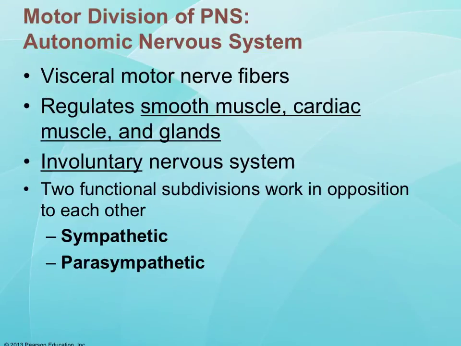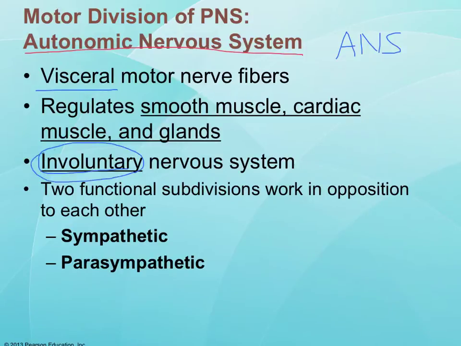Compared to that, the other division of the motor system is the autonomic nervous system, most of the time seen as the ANS. The ANS is a visceral motor nerve fiber. Visceral is for organs, but in fact the ANS is the nervous system controlling all the involuntary functions.